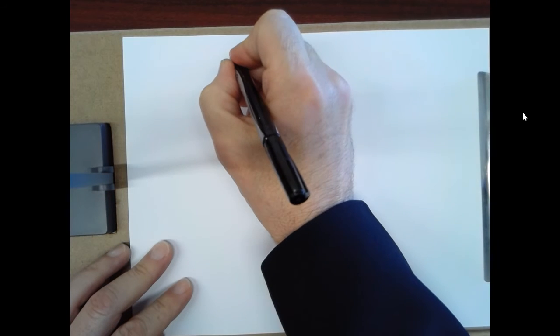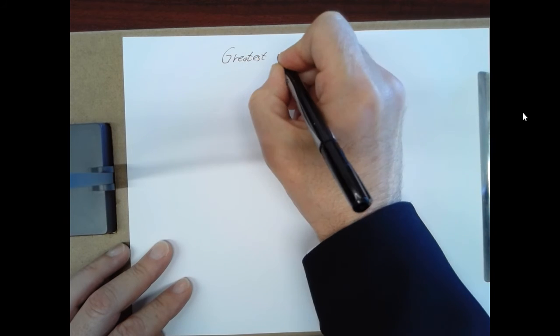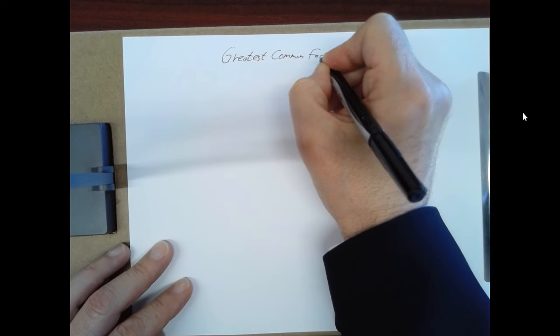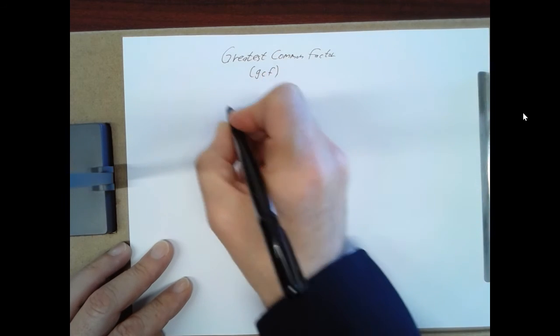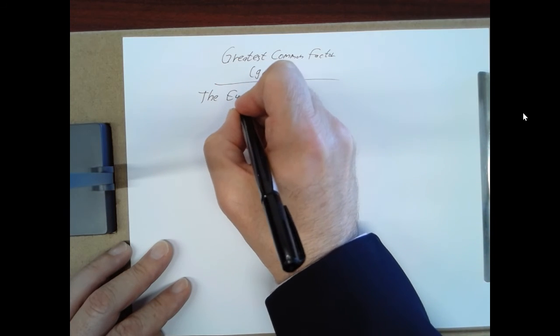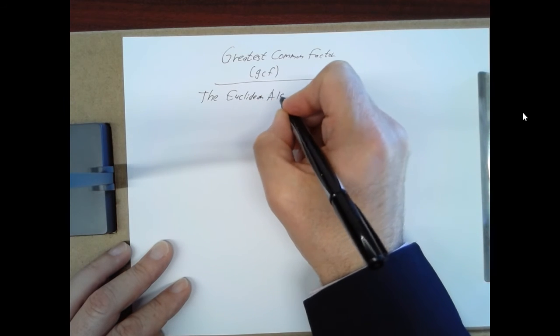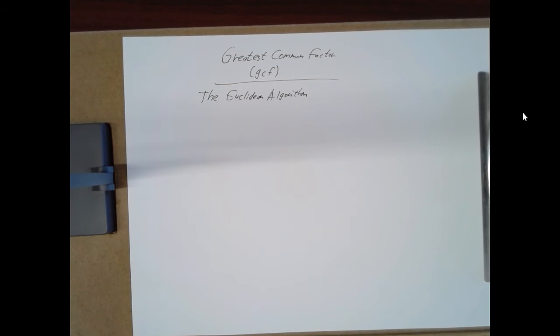All right, so let's talk about greatest common factor. This is something called the Euclidean algorithm. So here's the idea.